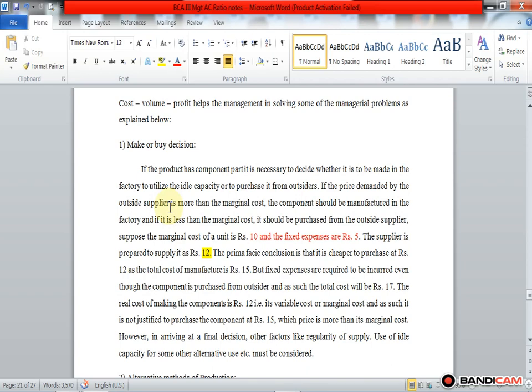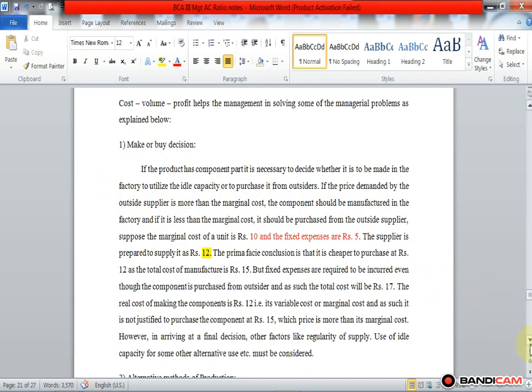If the outside supplier provides these components at less than the marginal cost, then the manufacturing concern decides to purchase these components from the outside supplier. This is called the make or buy decision.